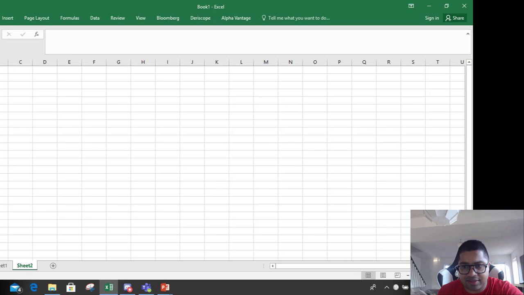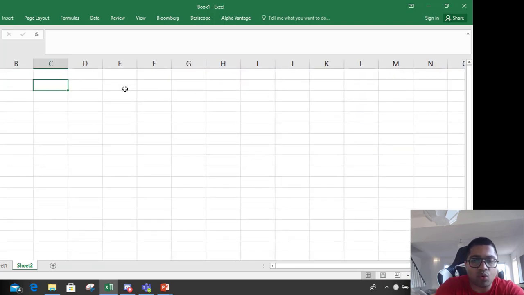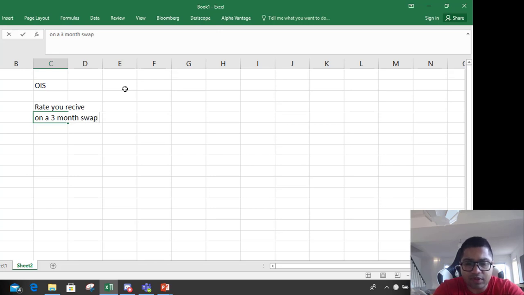So what is an OIS rate? The OIS rate, overnight index swap rate, is the current rate that you receive on a 3-month swap arrangement.